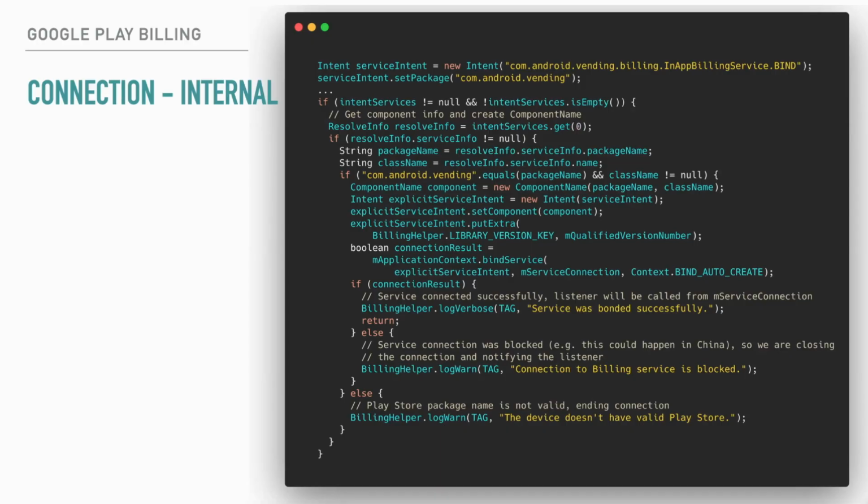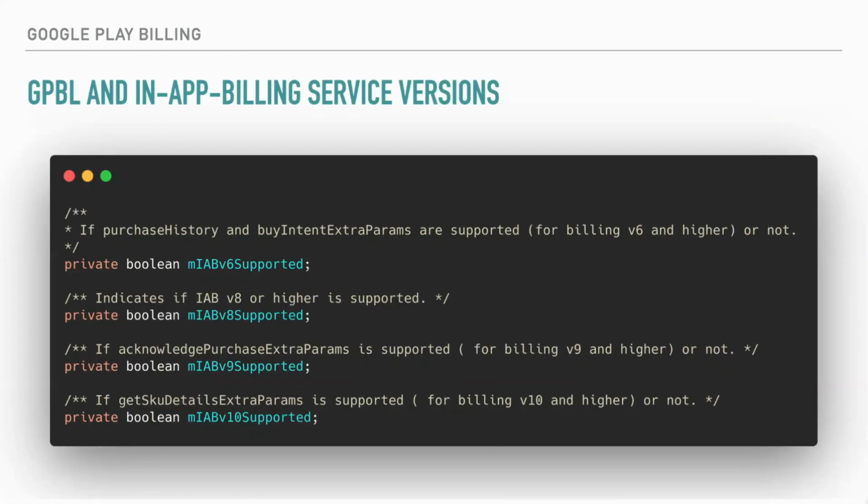That needs to be resolved. There is a whole lot of negotiating happening back and forth. And then at some point, the connection is made for you. So the Google Play Billing Library is a really nice abstraction layer that sits on top of all this effort to get to the actual billing service.